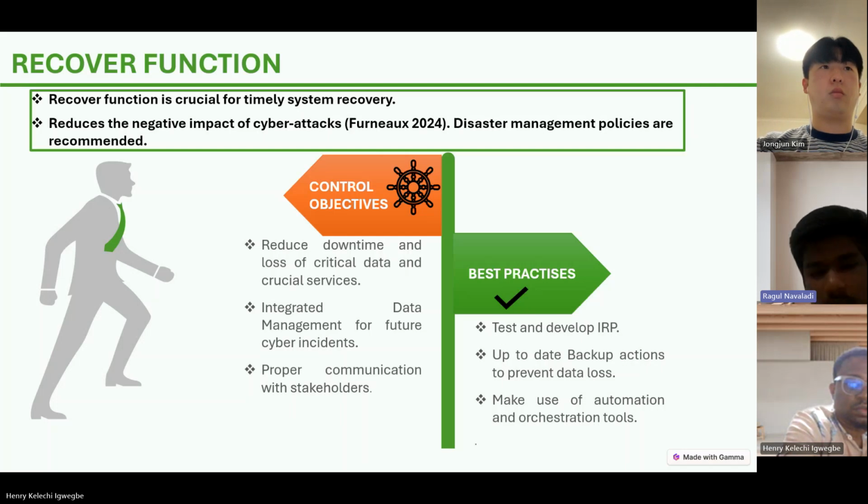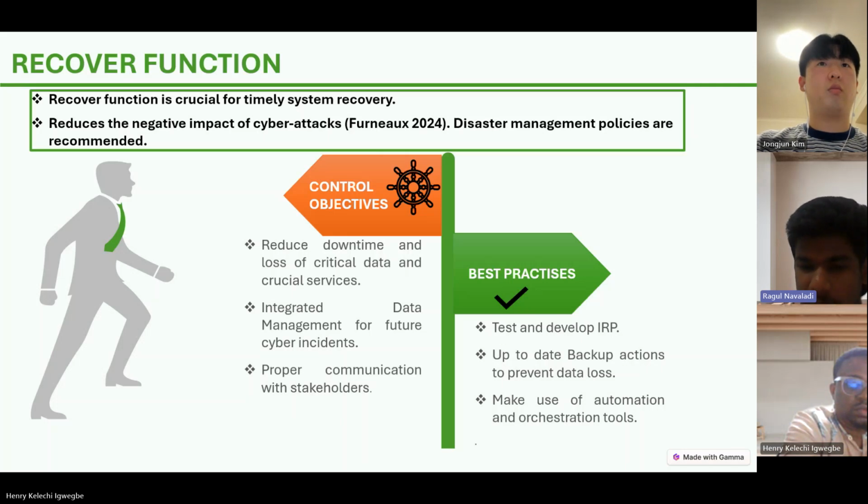We're also going to use integrated data management for future cyber incidents. If we are integrating the data, we can see how the incident happened, so that will be helpful. Going to the best practices, proper communication should be handled with the stakeholders. The IRP should be tested and planned effectively, because we can't take an average IRP plan.